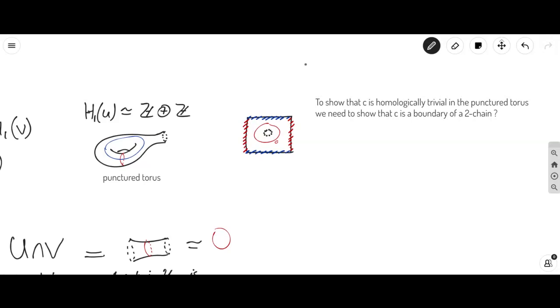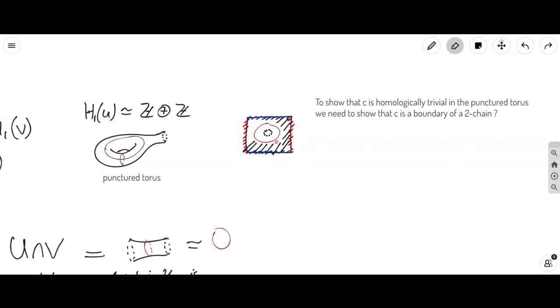And the answer is yes. Maybe you can already see what it is. I'll shade it in for you. There it is. This is a two chain because it can be broken up as a formal sum of two simplices; you can triangulate this using two simplices. So this is a two chain, and the boundary of that two chain is exactly C.